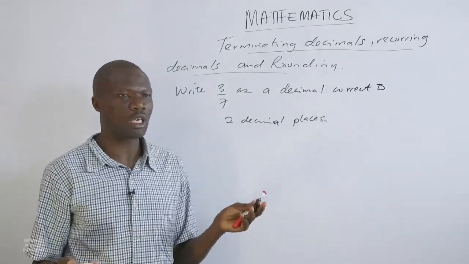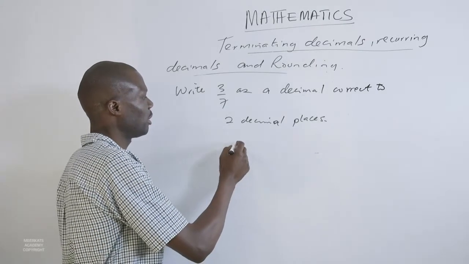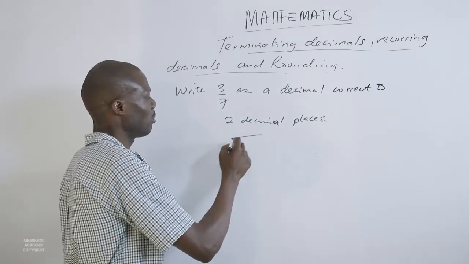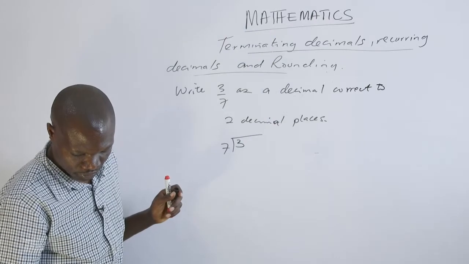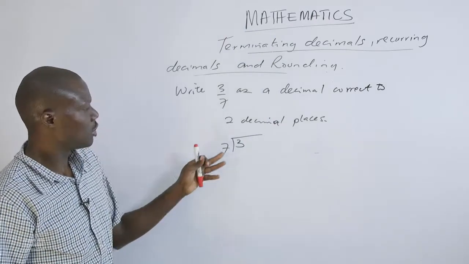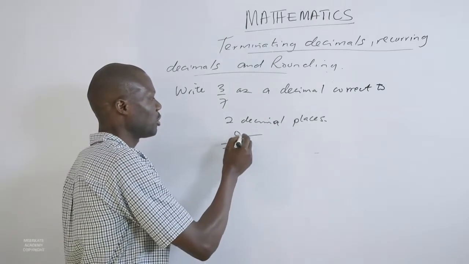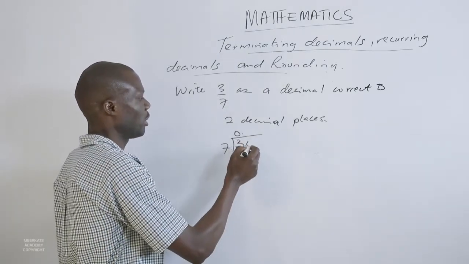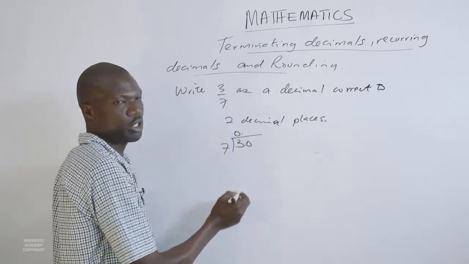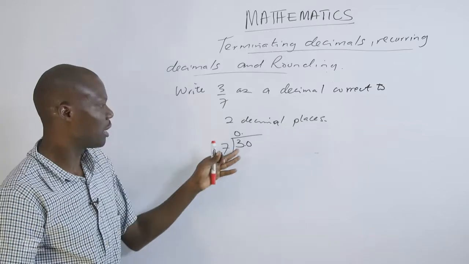So using a calculator or a long method, we can always be able to convert this. So 3 cannot, so we have 0, and bring in a 0 here. Then we have a decimal point directly above the dividend.